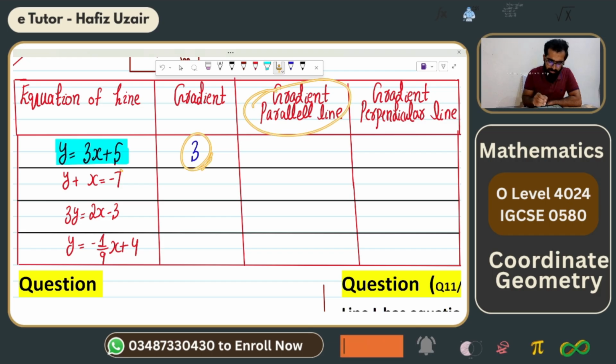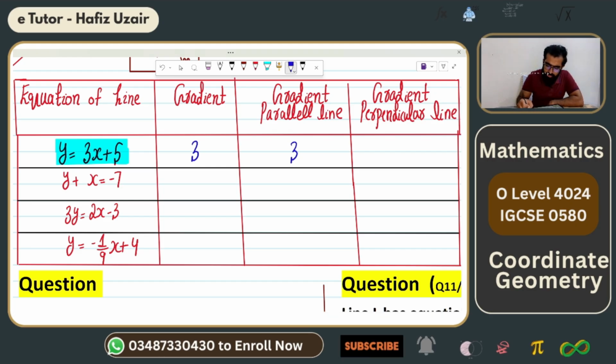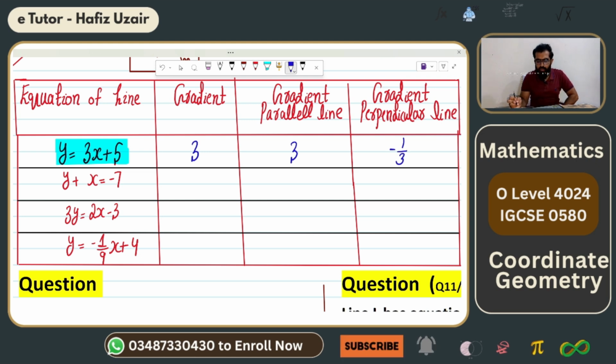I told you parallel lines have the same gradient, so their gradient must be 3. And what is the gradient of a perpendicular line? Because the gradient of a perpendicular line is the negative reciprocal, if I take the reciprocal of 3, that will be 1 upon 3, and I need to put a negative sign, so minus 1 upon 3.